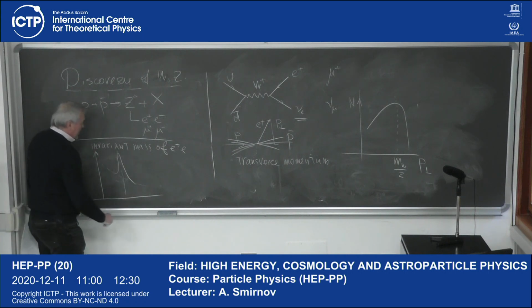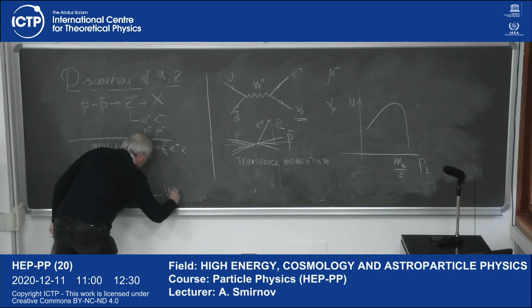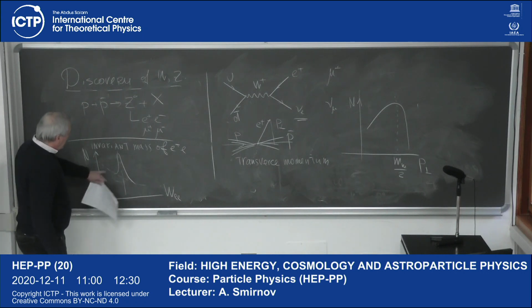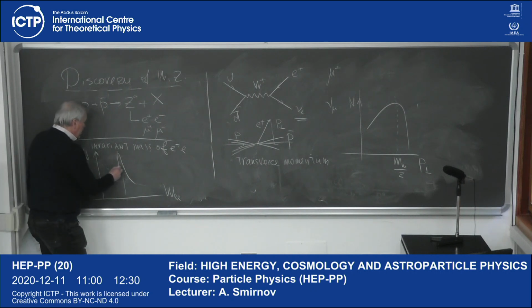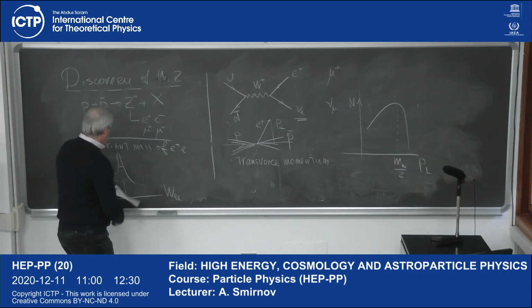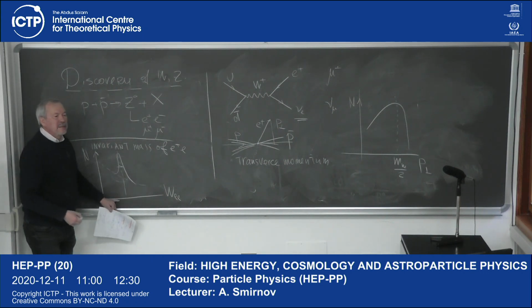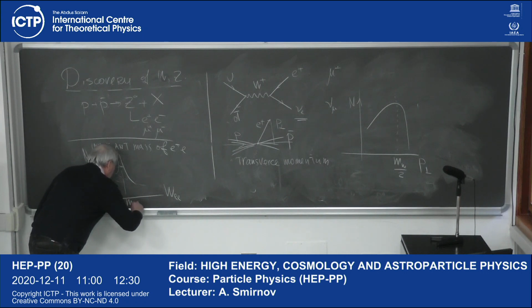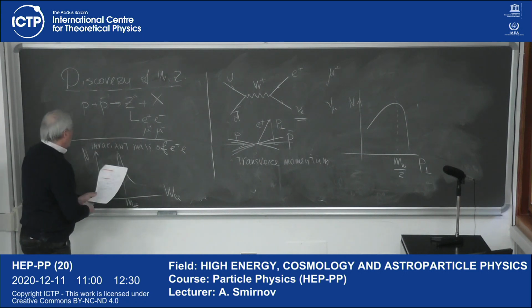On top of the background, this is the invariant mass of e plus and minus, and that's the number of events, and they saw this peak. The peak is quite wide, 2 to 2.5 GeV, so they can even measure the width of this peak, and it was in the range of 90 GeV, where it was expected, and that was identified with the peak due to Z boson production.